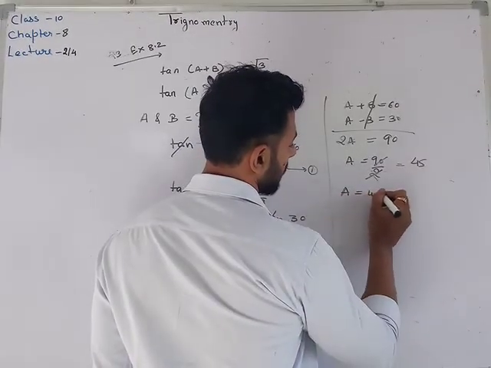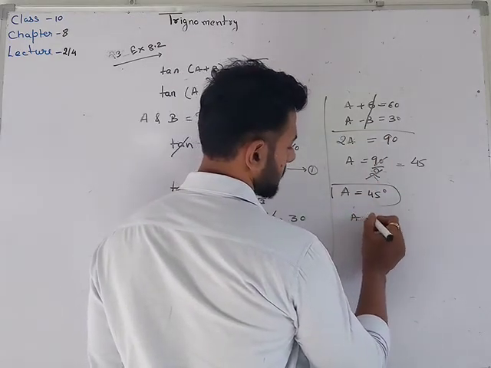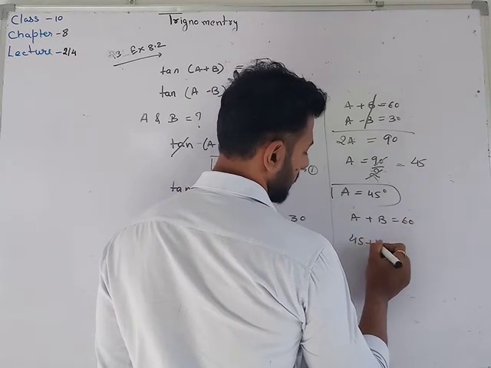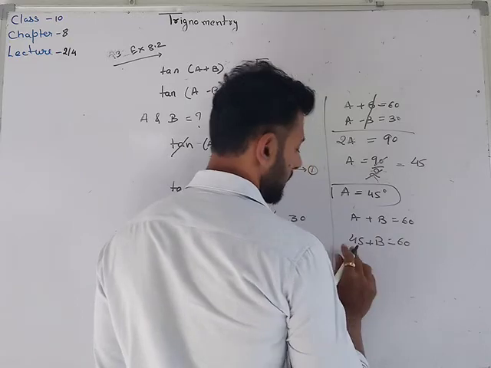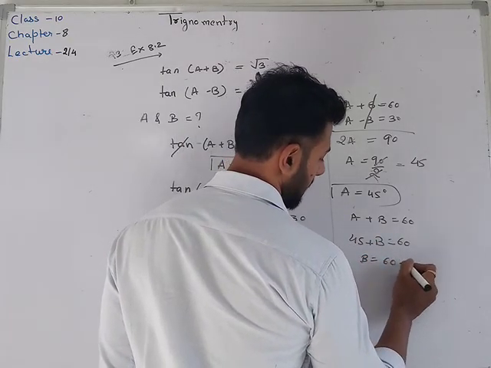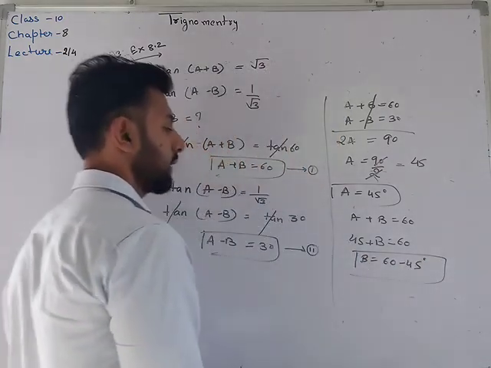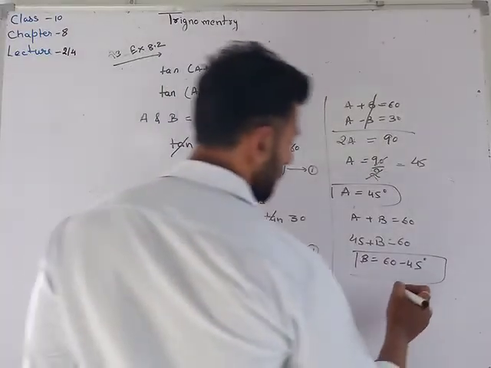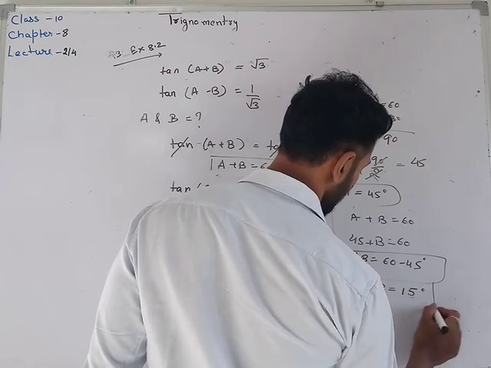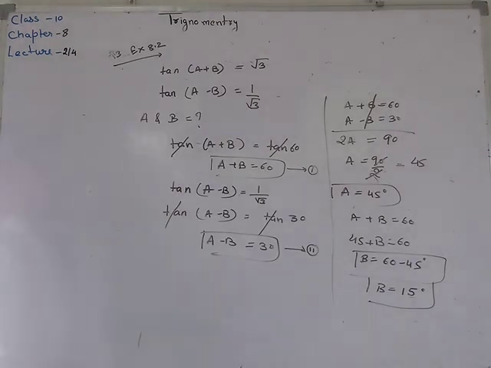Substituting the value of A in A plus B is equal to 60: A is 45 plus B is equal to 60. Now taking this 45 to the right hand side, B is equal to 60 minus 45, which will be 15 degree. So A is 45 and B is 15 degree.